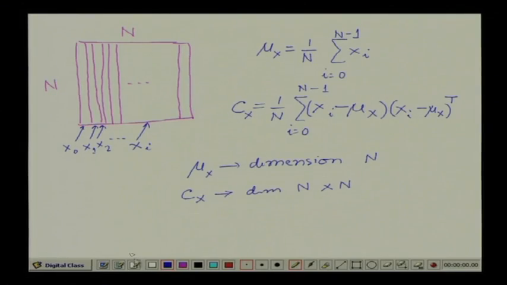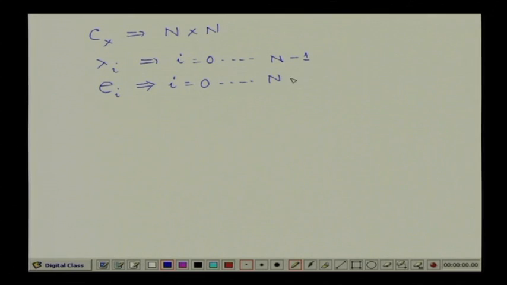And as we have already seen, because this covariance matrix C x is of dimension capital N by capital N, there will be n number of eigenvalues lambda I, where I varies from 0 to capital N minus 1, and corresponding to every eigenvalue lambda I, there will be an eigenvector E I. So, this eigenvector E I here again will vary from 0 to capital N minus 1.